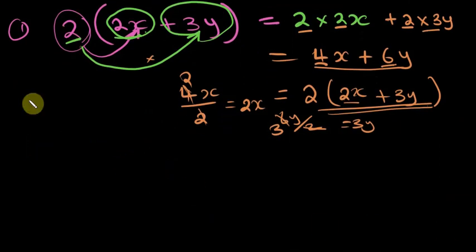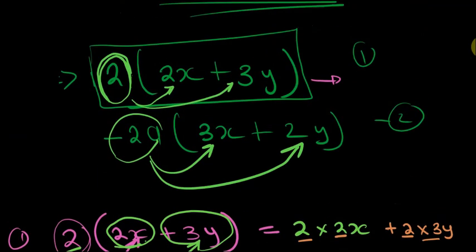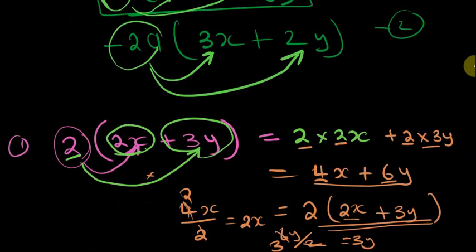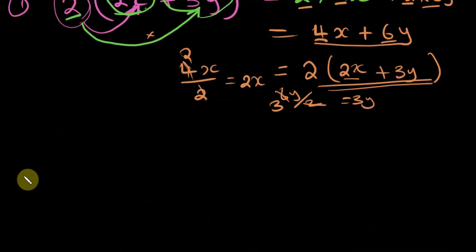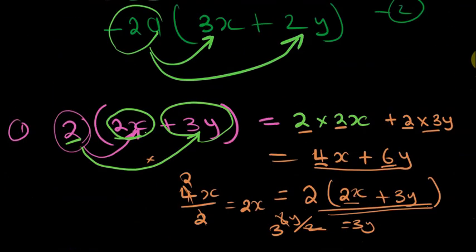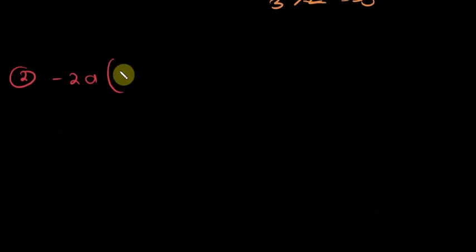Okay, second example. Minus 2a into, okay, open bracket, 3x plus 2y. So it's multiplication of polynomials, the topic for the video.